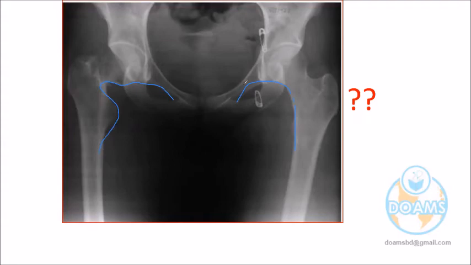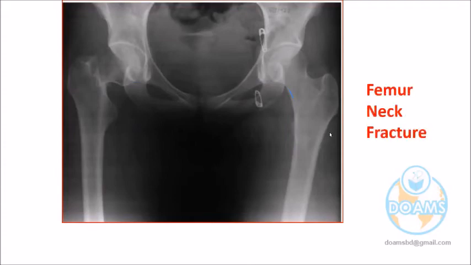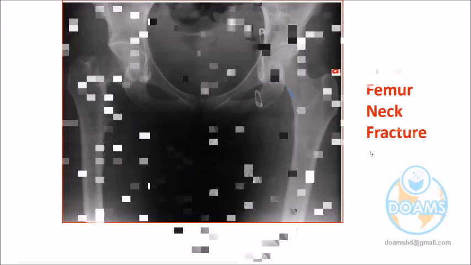No, it is called Shenton line. This is normal, but this is abnormal, meaning there is a fracture. Here, fracture of the neck. Can you remember, doctor? Fracture neck of femur, Shenton line.